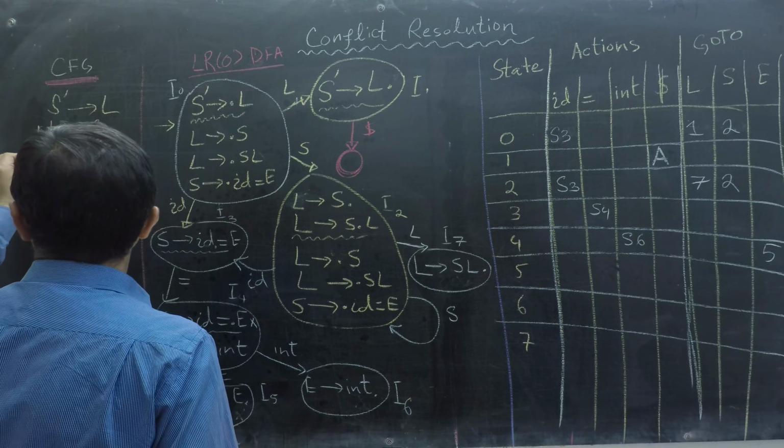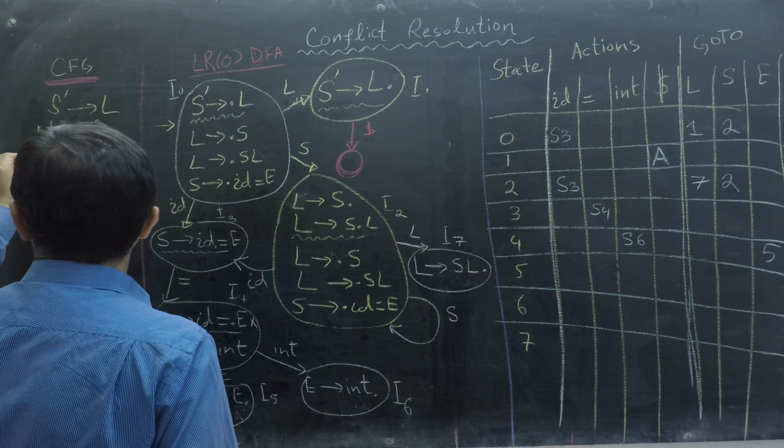Now for the LR0 parser, the rule is that if you have a reduce action, then you add that action in all the cells of the action part. So in this case, for this row, I have to add L goes to S in all of those cells.